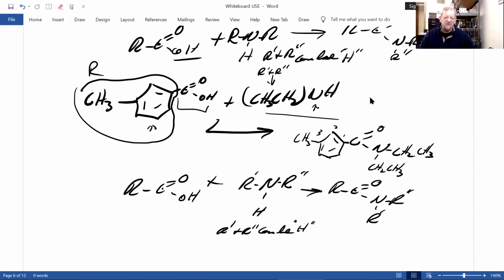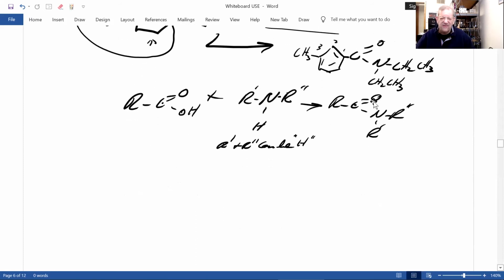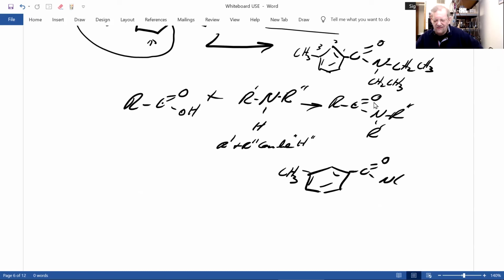My 2 methyl groups, methyl ethyl groups, which are R prime and R double prime. You could have also drawn it this way. Either one would be correct, and that would be the product you get.